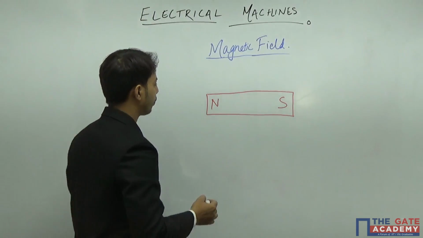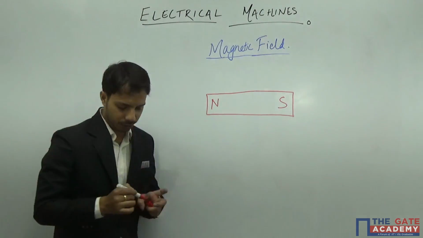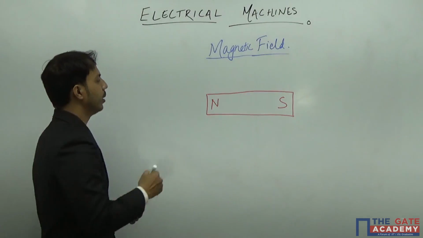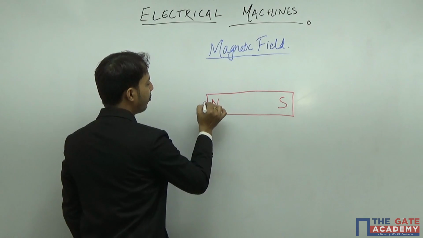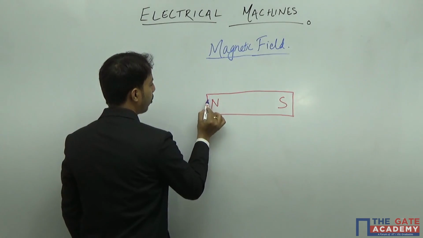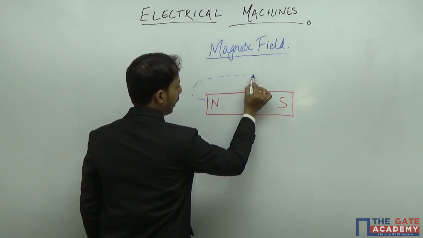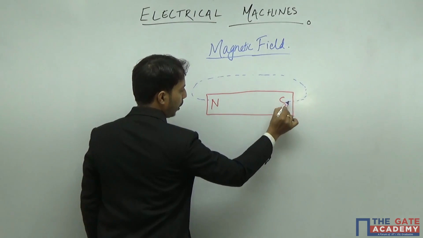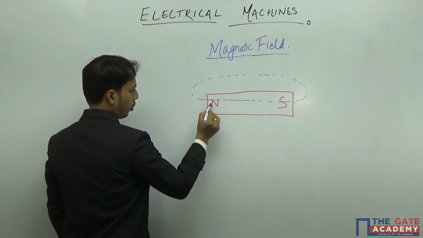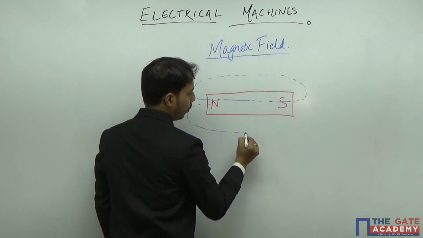That means if a magnetic line or magnetic field starts from this particular point, it will form a closed loop.